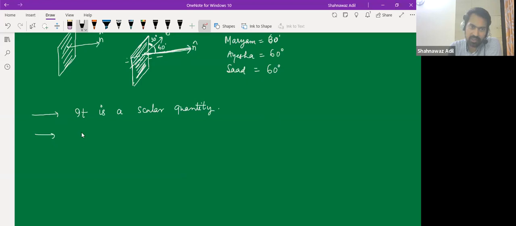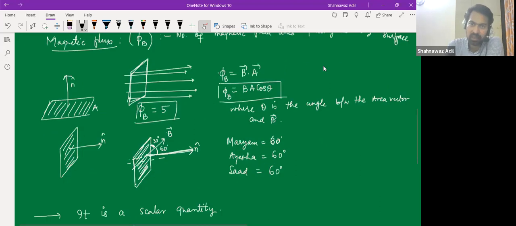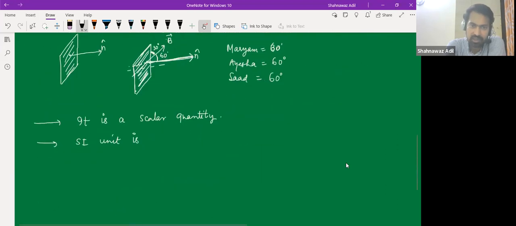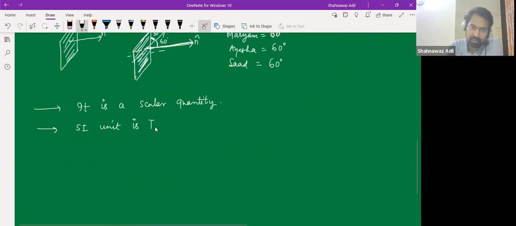And its SI unit: what is the SI unit of magnetic field? Tesla. And area is meter square, so this is Tesla meter square. The SI unit is Tesla meter square, and it is also written as Weber, which is represented by Wb.